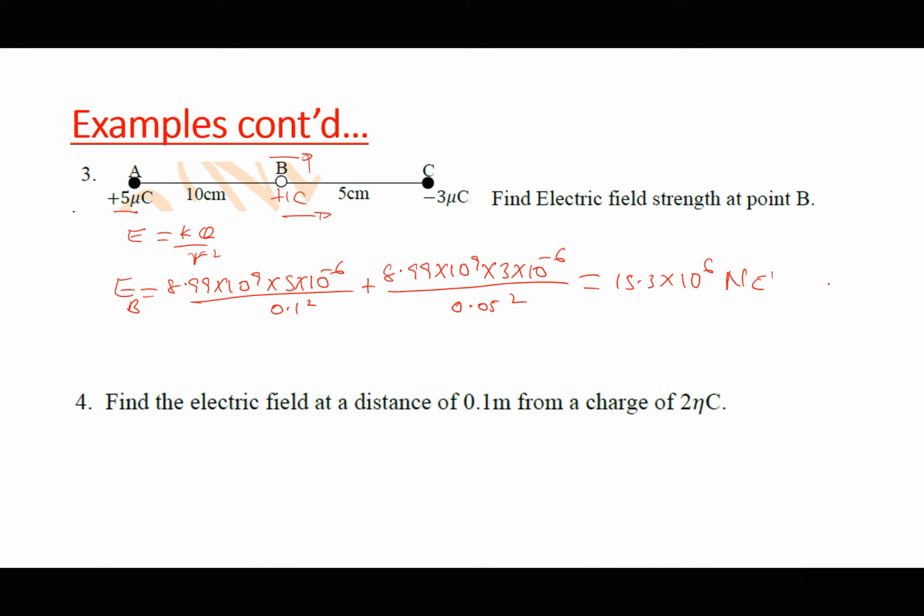And this will be towards C, or to the right, because electric field strength is a vector quantity.